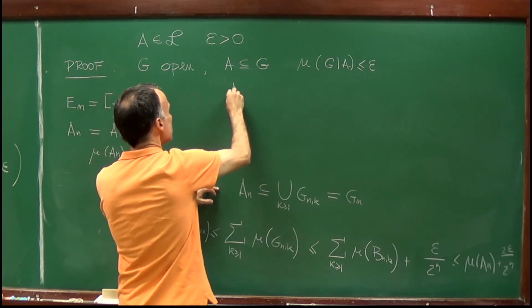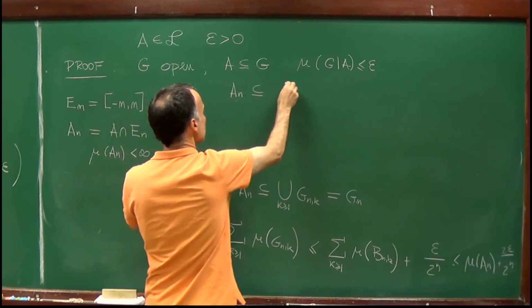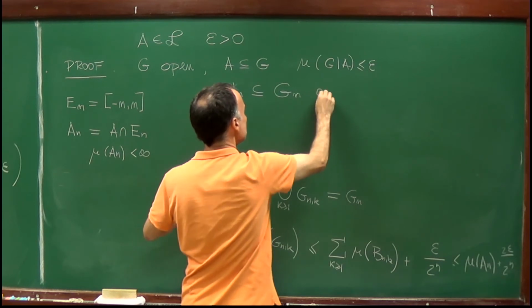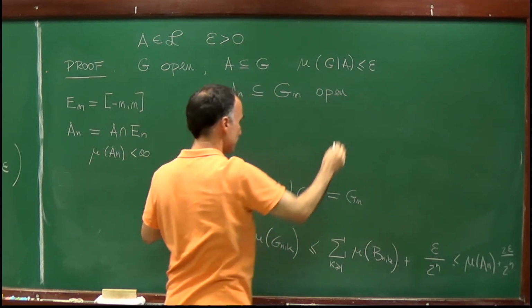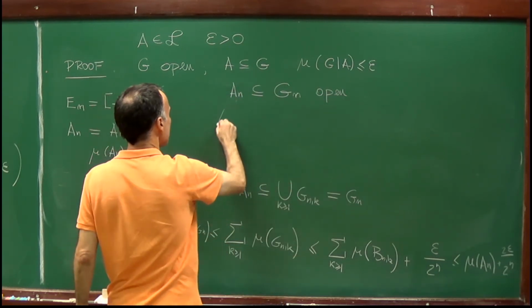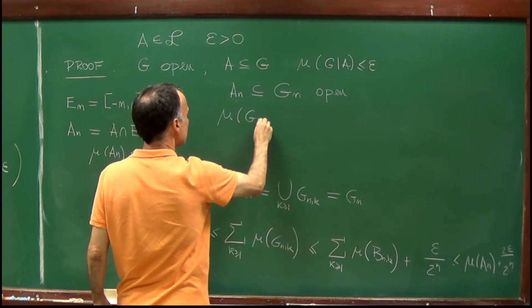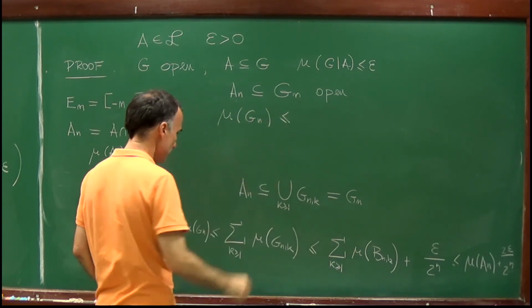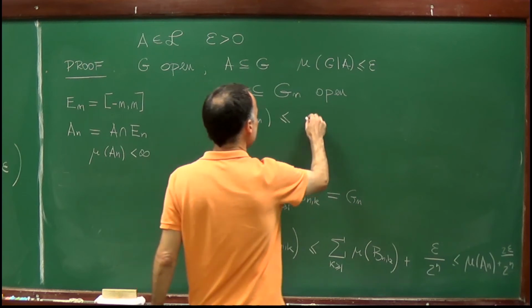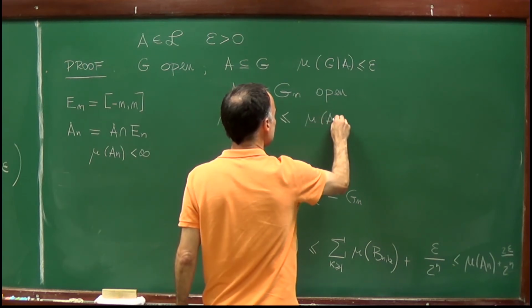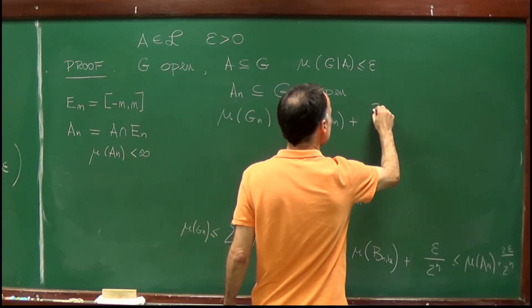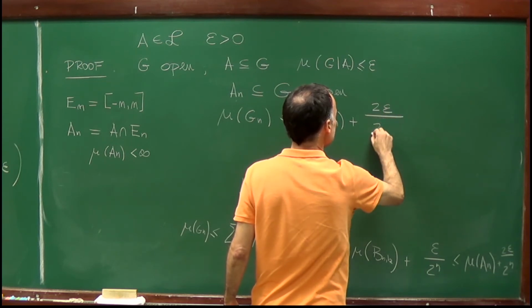We obtained a set A_n, which is contained in a set G_n, which is open. And the measure of G_n is less than or equal to the measure of A_n plus 2 epsilon divided by 2 to the power n.